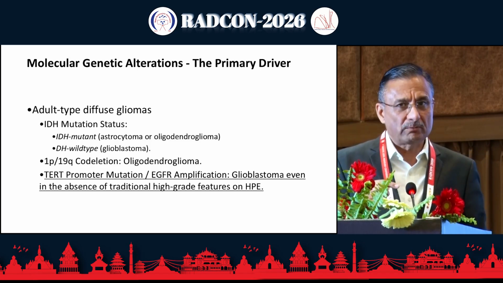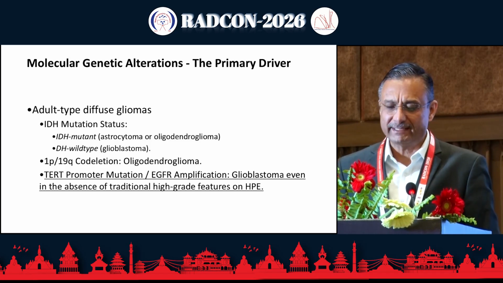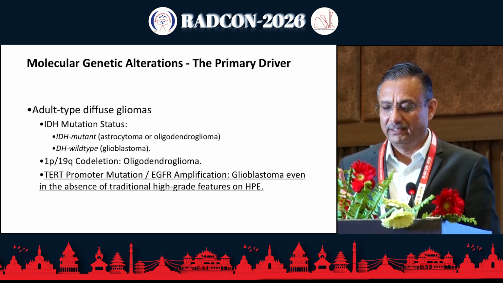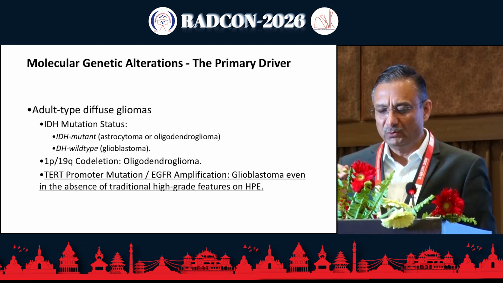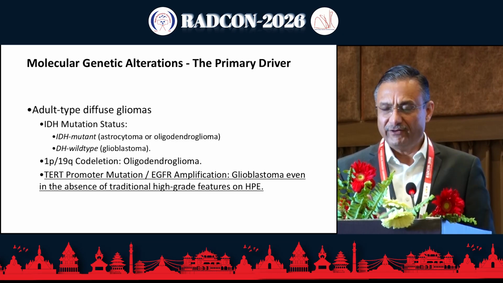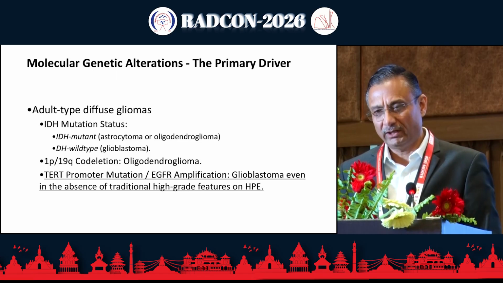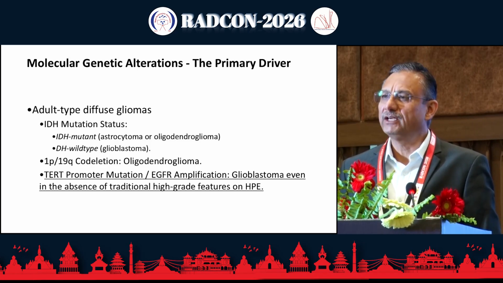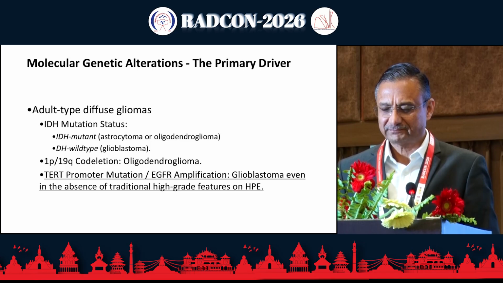Whereas a glioblastoma, which is the most notorious as far as shortening the lifespan is concerned, does not have an IDH mutation. Then there is something known as 1p19q deletion. If we have an IDH mutation positive, it could be an astrocytoma or an oligodendroglioma. If it has 1p19q deletion, it is oligodendroglioma. No two ways about it.